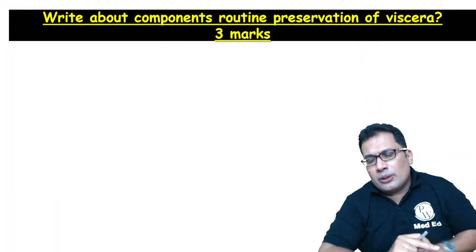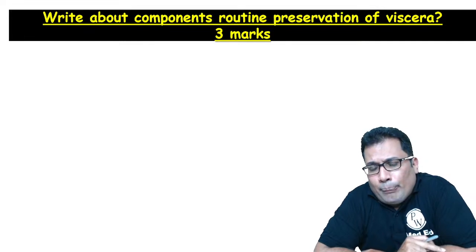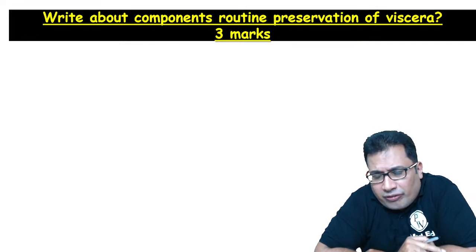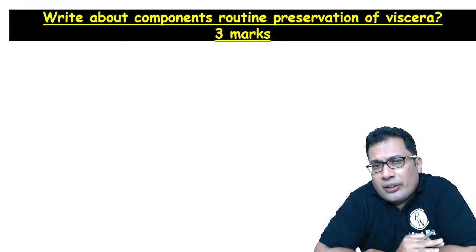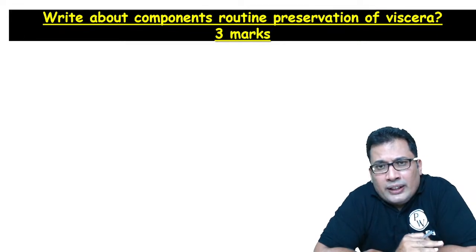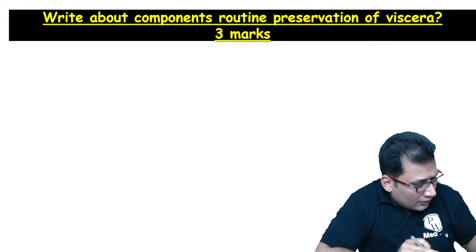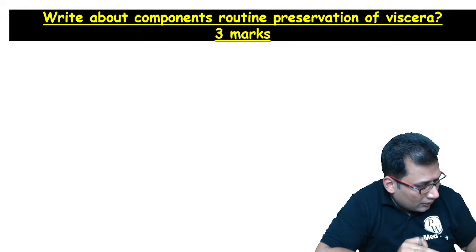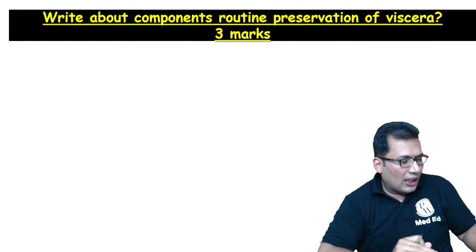And one more 3 marks question, very commonly asked in your exam: write about the components of routine preservation of viscera. So what are the organs preserved in case of poisoning?